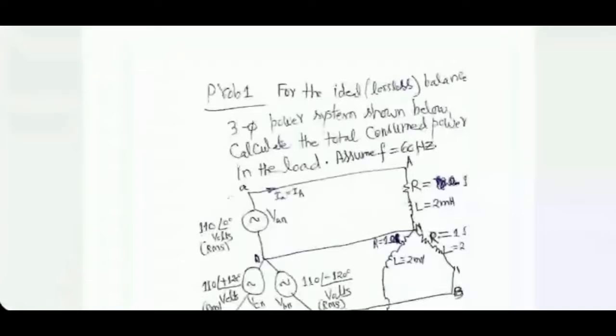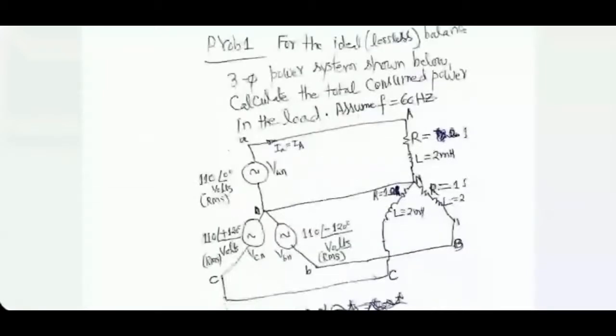Assume frequency as 50 hertz. Balanced systems, again, something has been missed in the scanning.